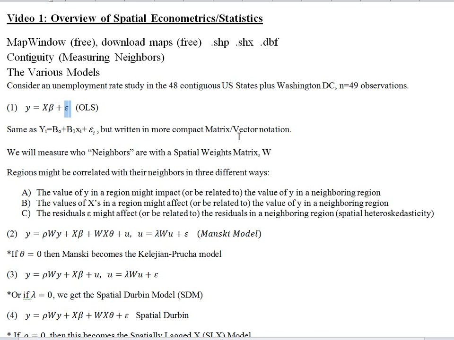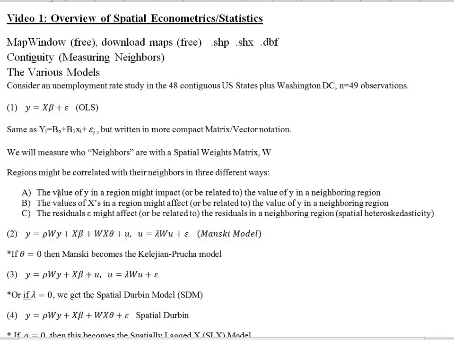So it could be that those residuals are spatially correlated, and if so, that means these residuals are not just purely random white noise error terms. There's something predictable in those error terms, and that causes spatial heteroscedasticity. If heteroscedasticity means that the error terms aren't all coming from the same distribution, just a random white noise distribution, they might be spatially related. So that's what we call a spatial error relationship.